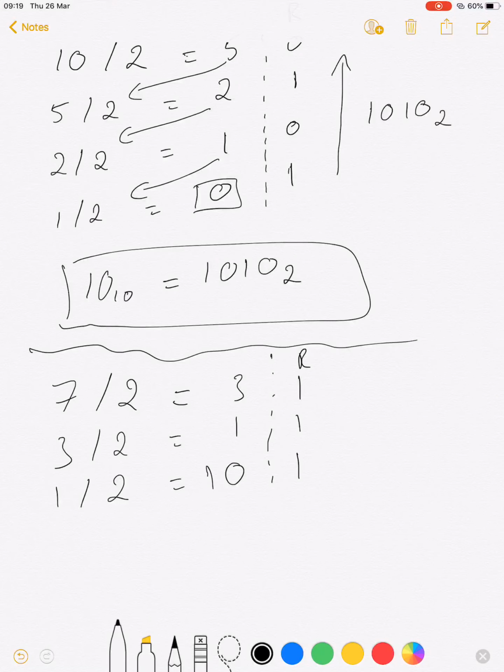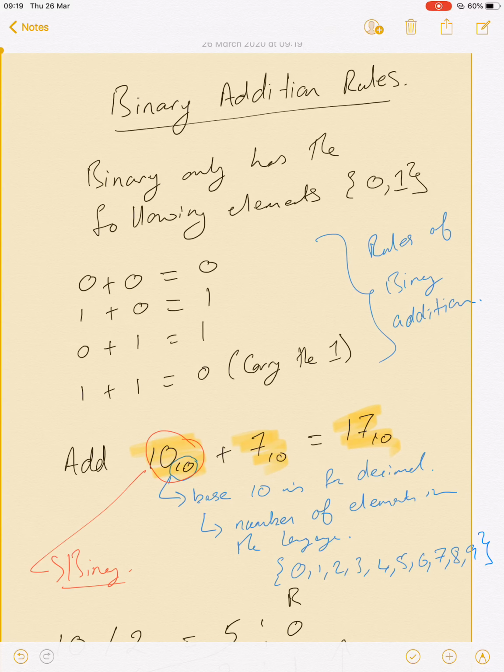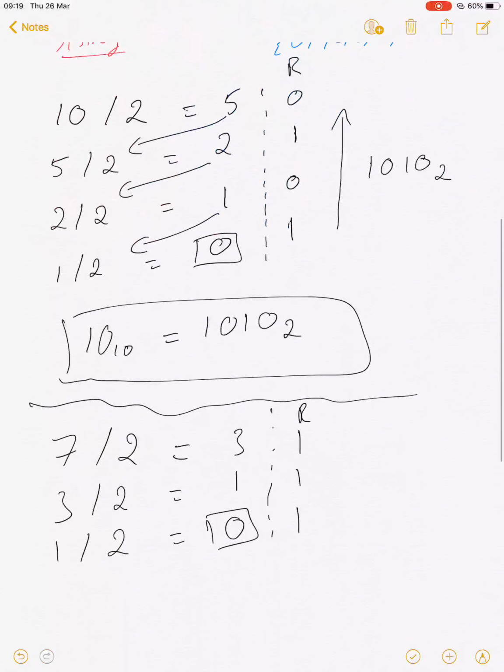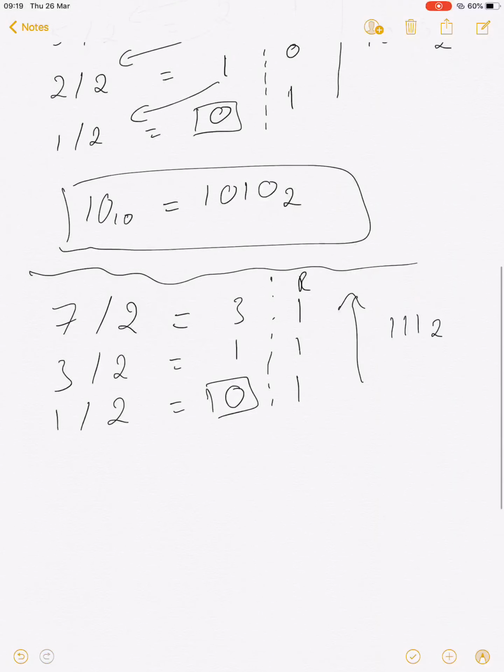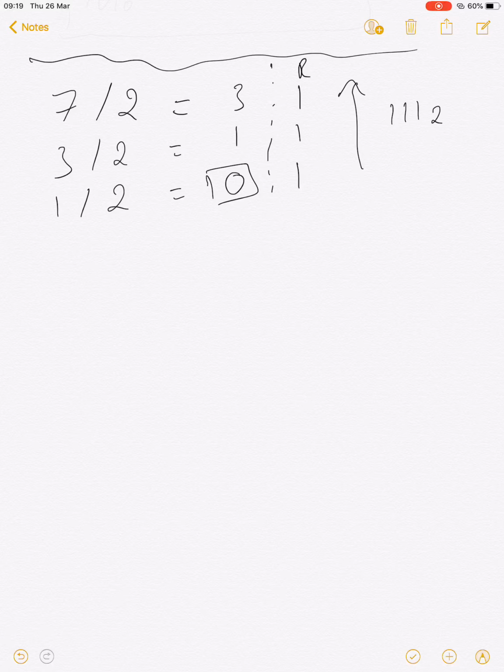So again, we've reached the 0 here, and we have the remainders, so we read back up, and we get 1 1 1 base 2.